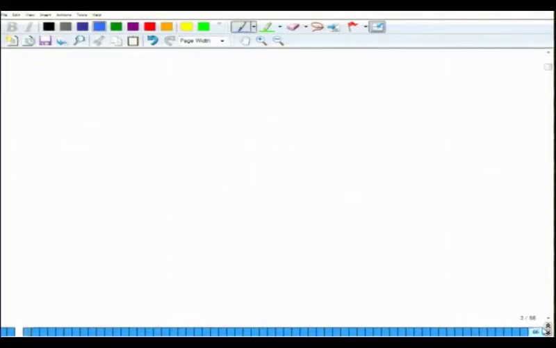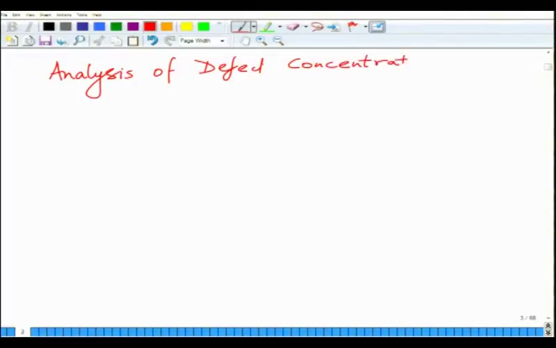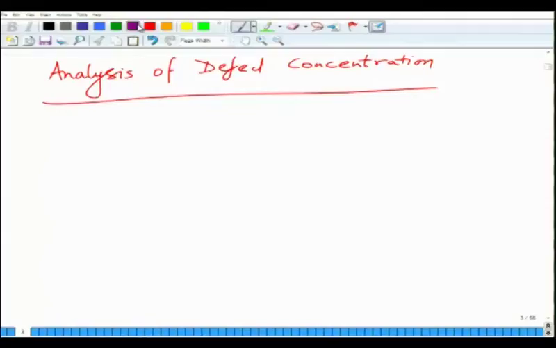Now, we will do a simple analysis of defect concentration. Basically, when we introduce a vacancy in the system, it leads to a change in the thermodynamic parameters such as entropy and enthalpy.